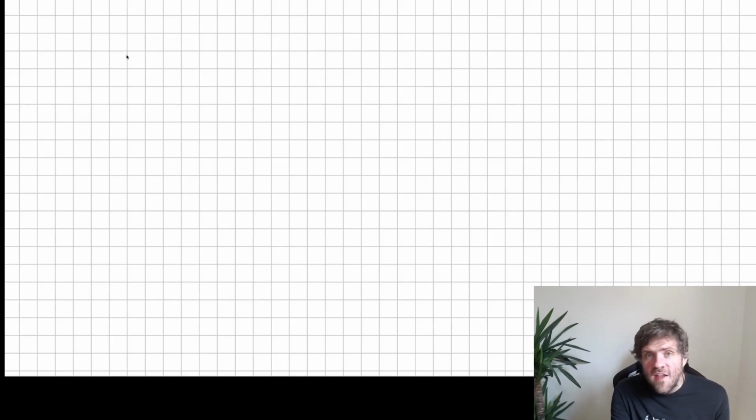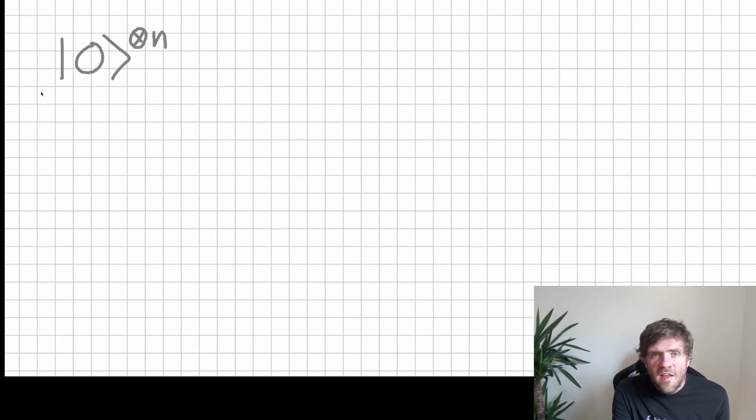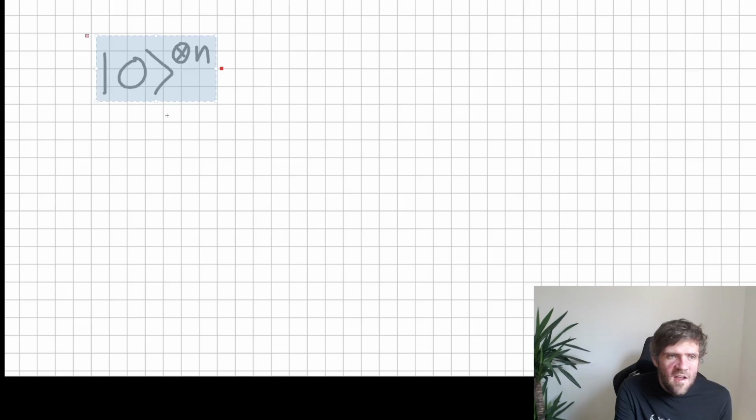And the next one is to think about how applying Hadamards to bit strings works, because there's going to be a lot of applying Hadamards to bit strings in this lecture. So let's take a whole bunch of zeros, so |0>^n, and we are going to apply a whole bunch of Hadamards to that. And what do we get as a result?